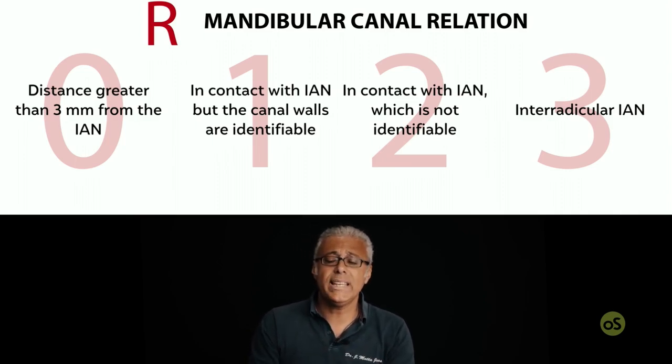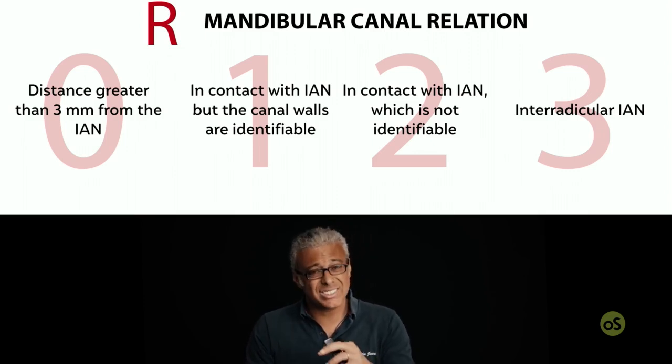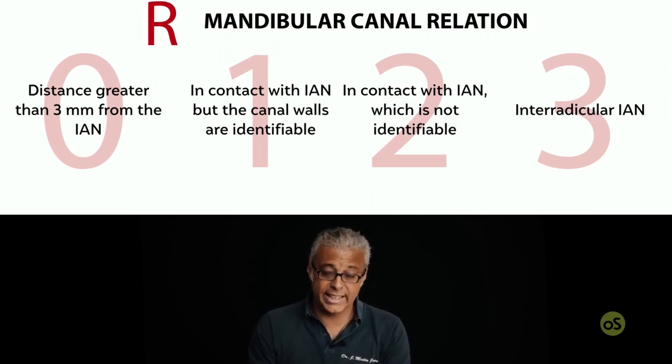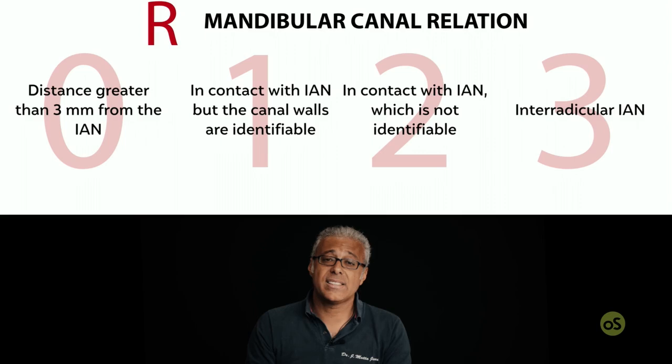Then we have 1 point given to contact with the IAN, but the canal walls are still identifiable in the X-ray. Then we have 2 points given when the contact with the IAN has a non-identification of the canal walls, and the worst scenario, 3 points, is given to the IAN which is interradicular, so in between the roots.